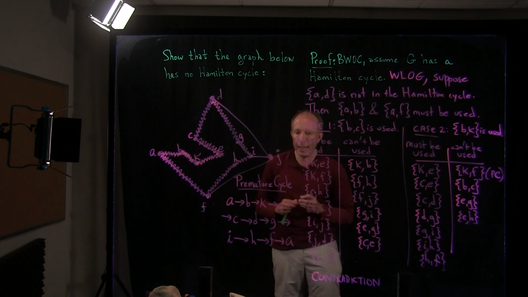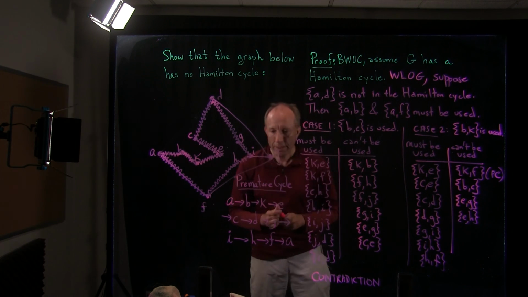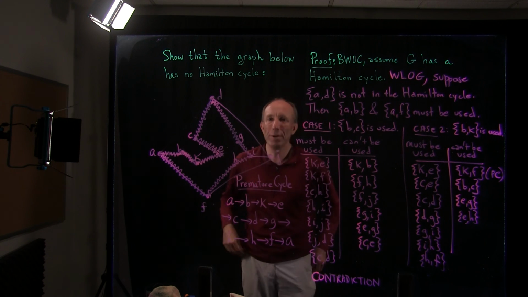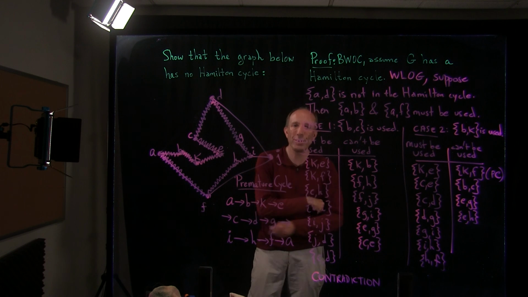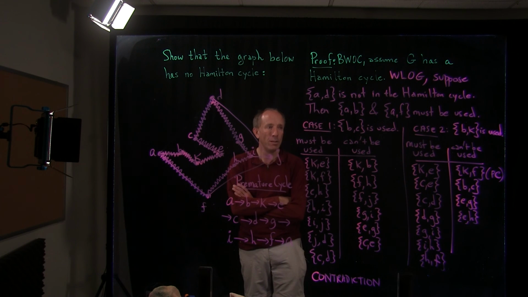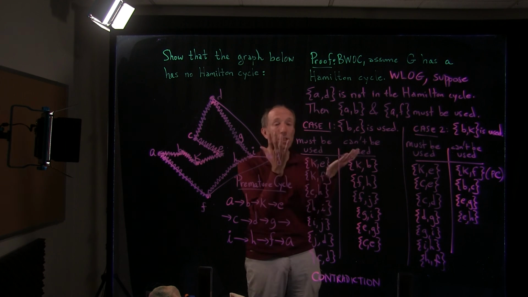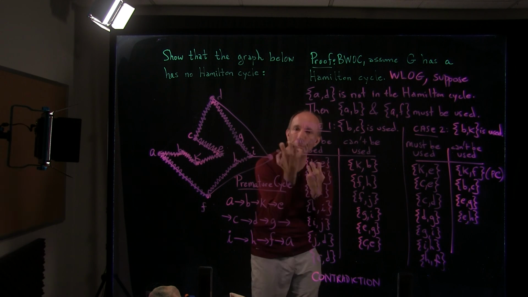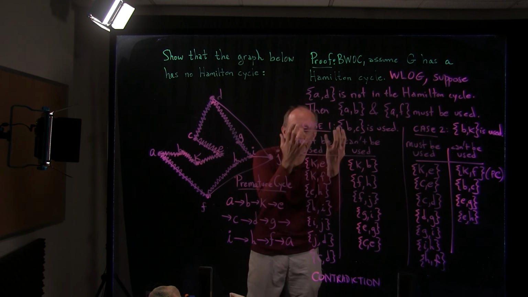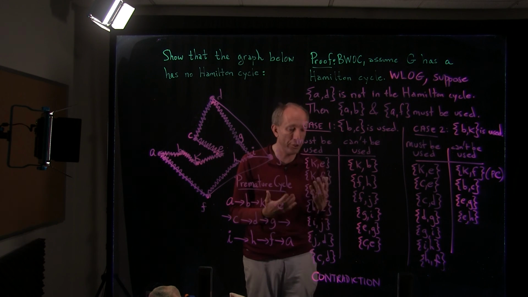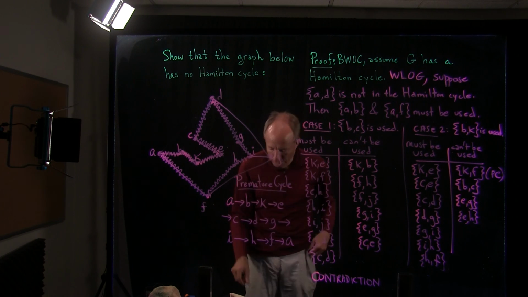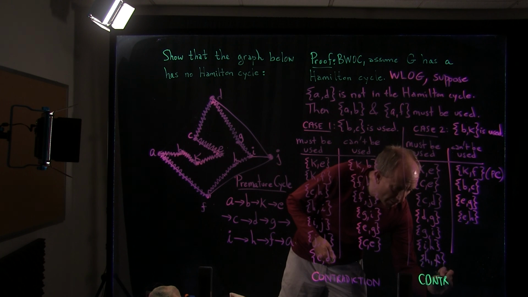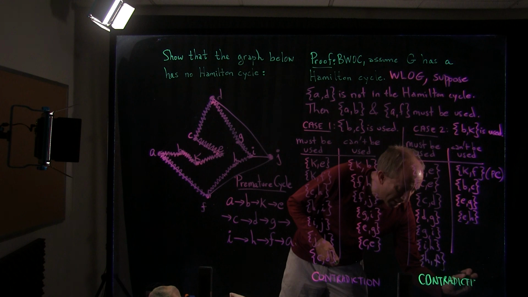This is another example of a cycle that made it to 10 out of the 11 vertices, but it was still premature. It missed one of the vertices. Guys, that's it. Those are the only cases you can have. We just make an analysis of what edges must be used and can't be used in each case until we get a contradiction, which generally is that you create a premature cycle.